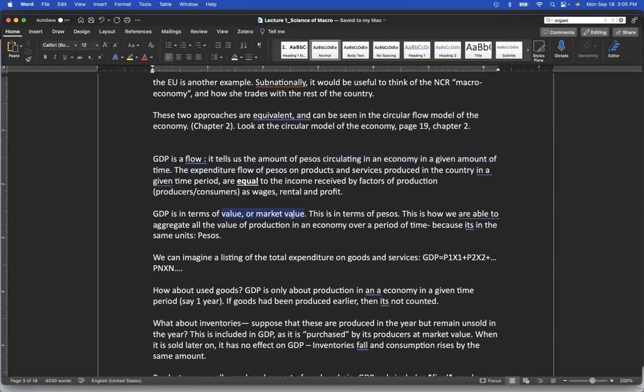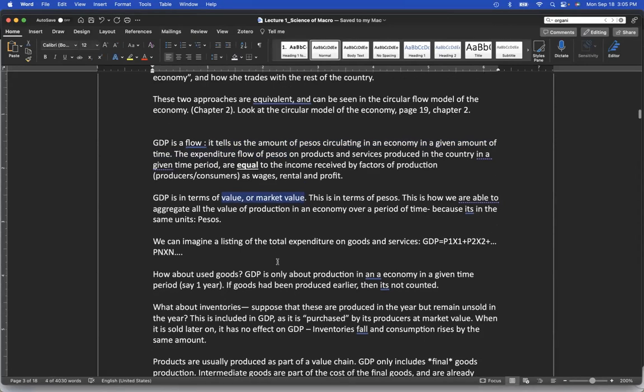It's in terms of value, dapat, and market price. This is how we're able to aggregate all of the value of production in the economy. So you've got the different products and you need to aggregate that, and you're able to aggregate that by assigning a price to each one, and you're aggregating it because everything is worth something in pesos. So the value in pesos. So you put everything in there.